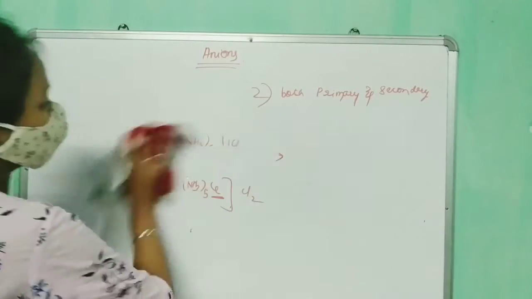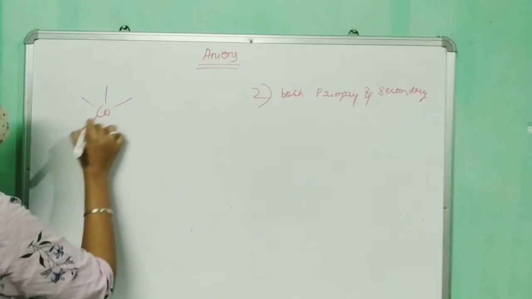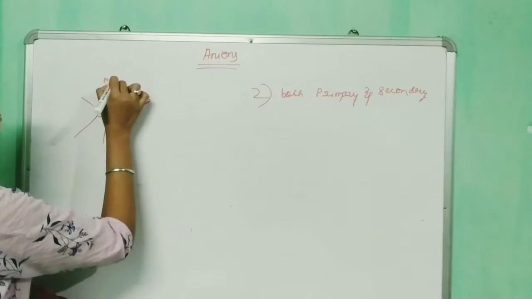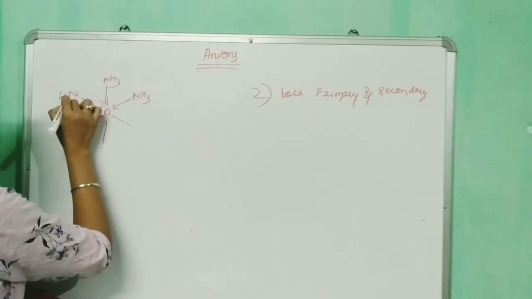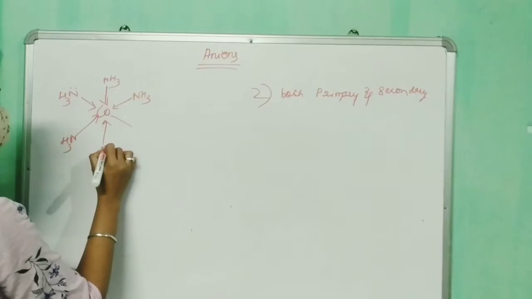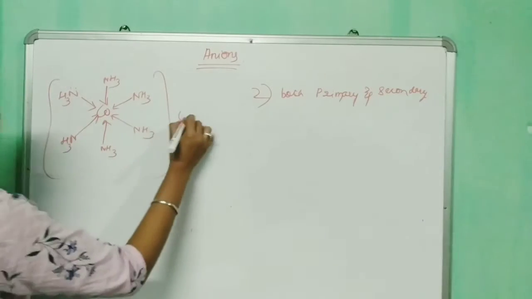So if I draw 2 complexes, one with the usual one, Co(NH3)6Cl3, right?